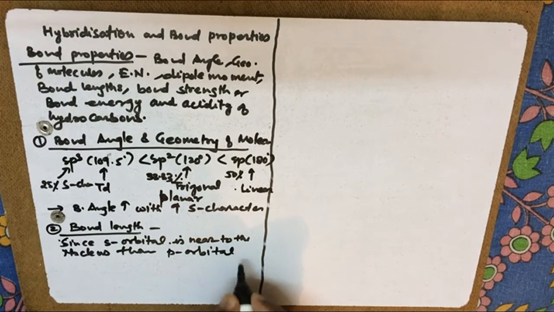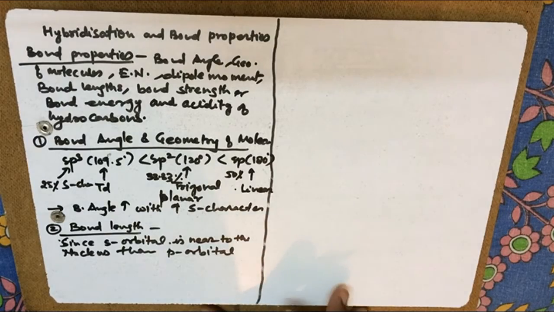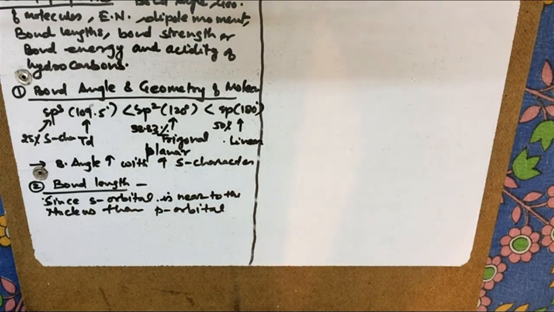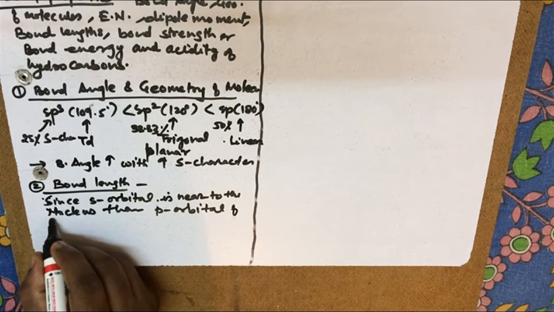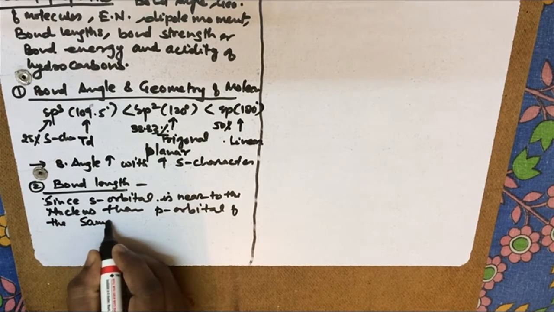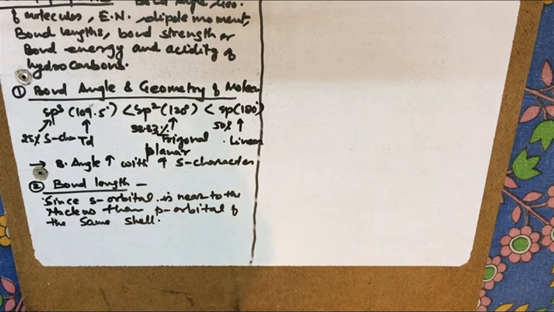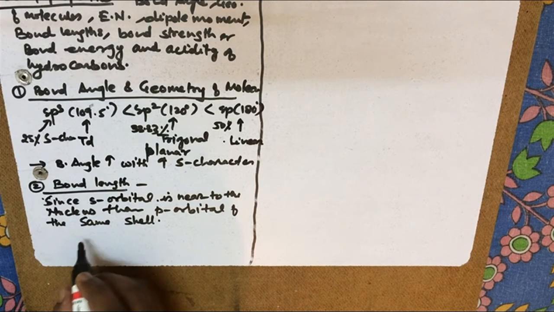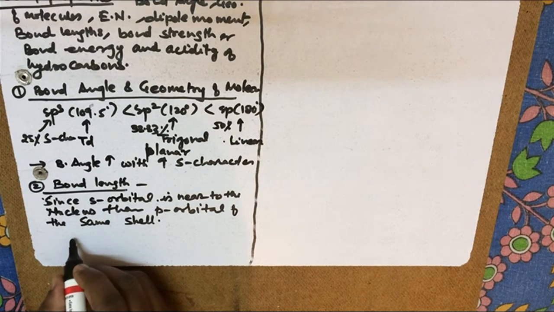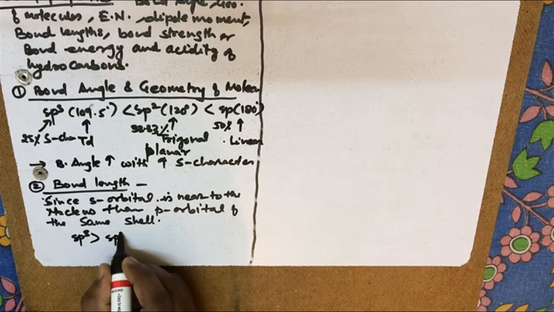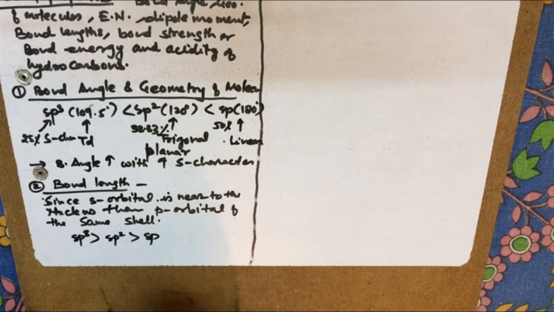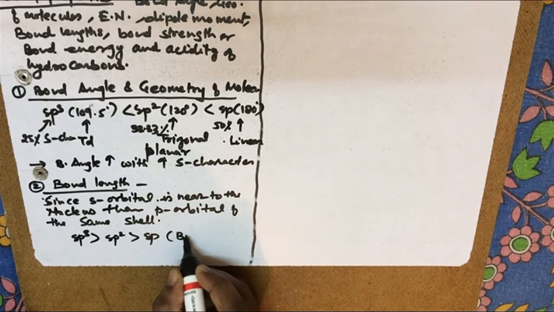Okay, of the same shell. Okay, so the bond length order of sp3 hybridization will be more than sp2, than sp. Okay, so this is the order of bond length.